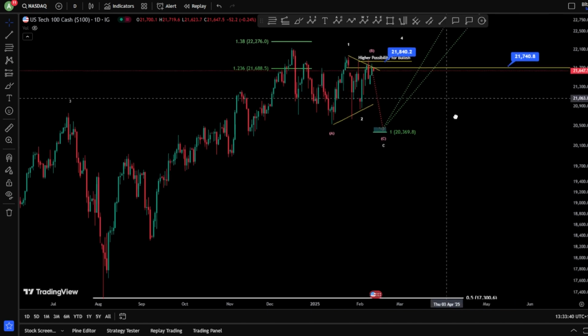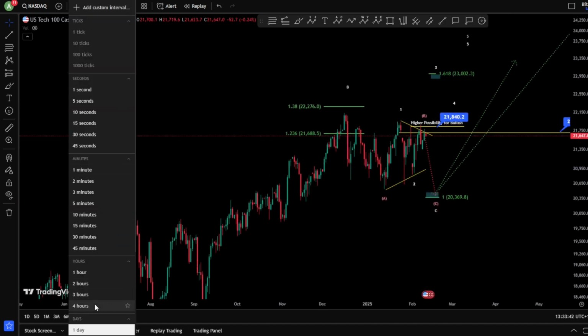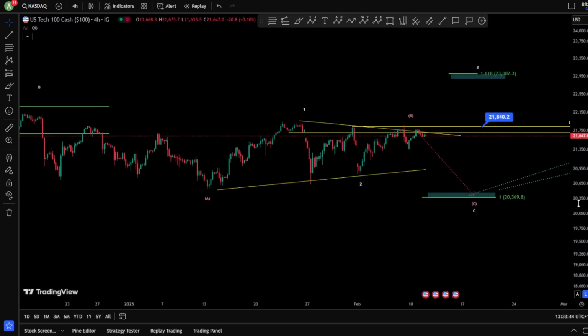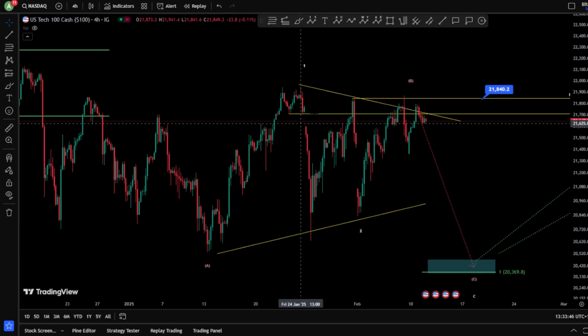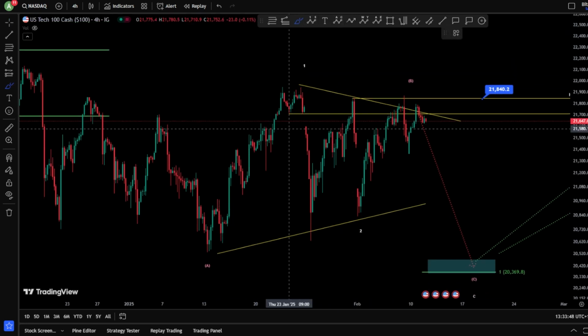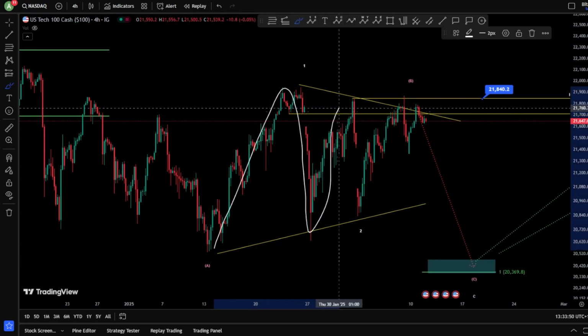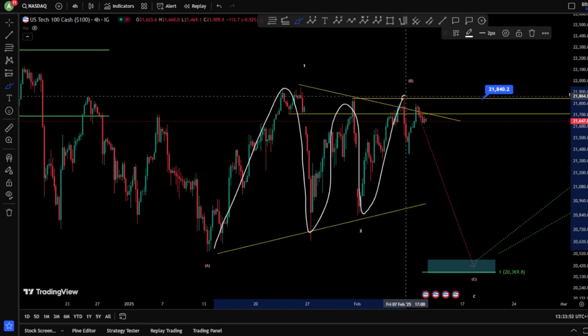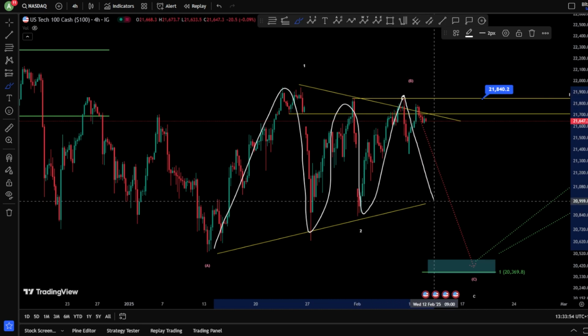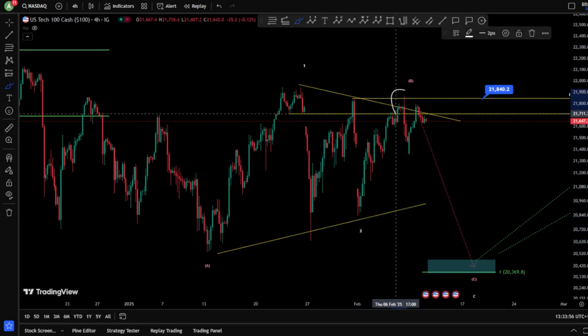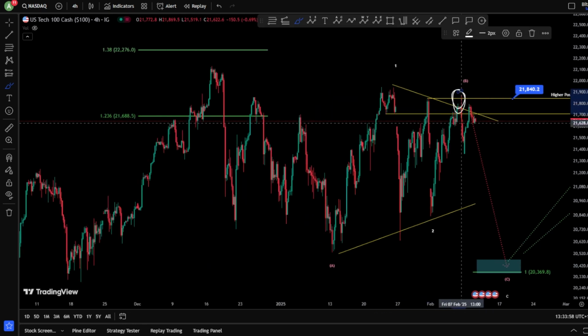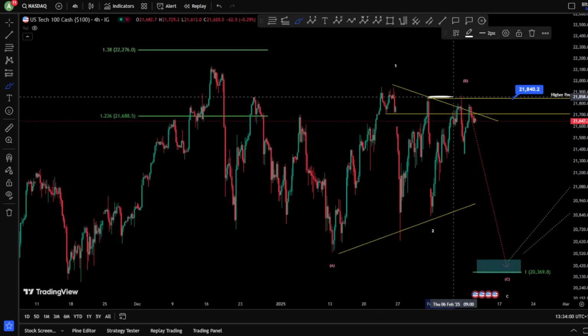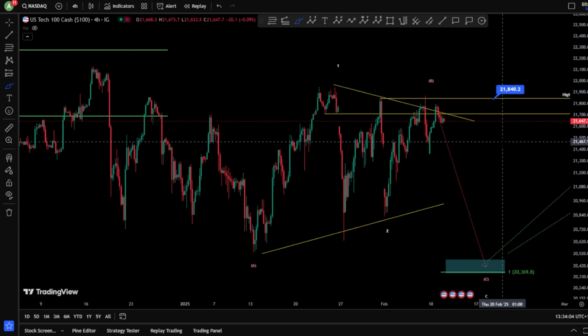Now the problem is with this area, let me go to the 4-hour chart. The problem is if we have a triangle here, let's say it is a triangle A, B, C, D, and an E, then your wave E has to move towards the downside. However, here your wave E has overshot the wave C, which is not really allowed.